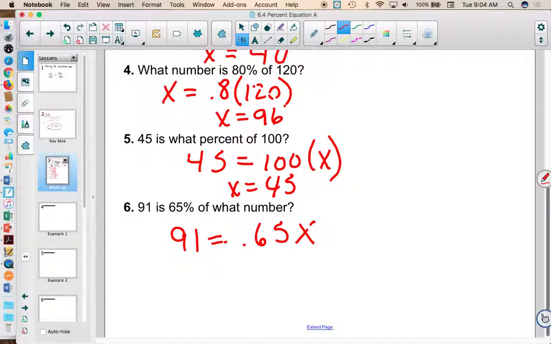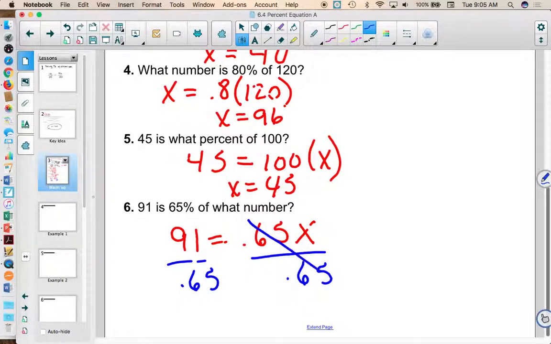Wesley, get the variable alone, absolutely correct. And in order to get the variable alone, don't we do the inverse operation? Okay, so what is the inverse of multiplication? Division. So to solve number 6, we have to divide both sides by 0.65 or by 65%.